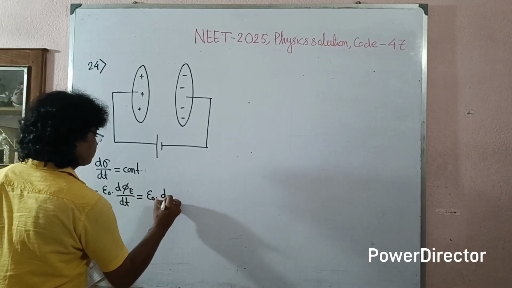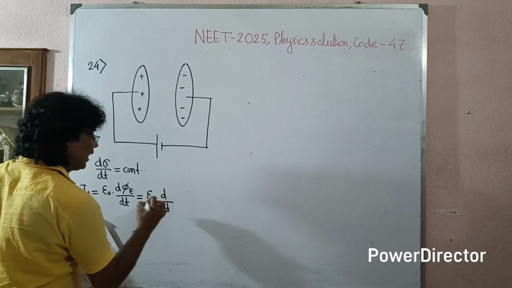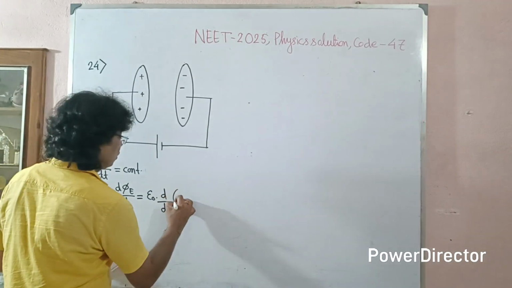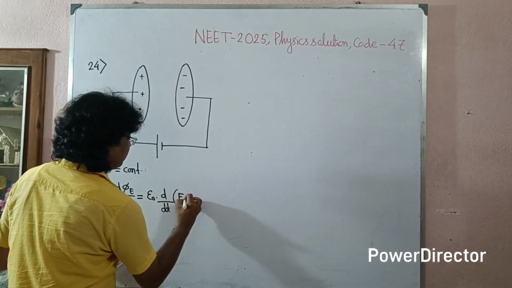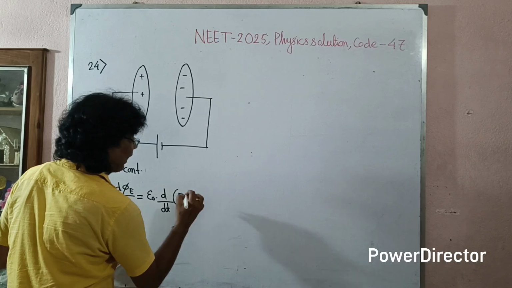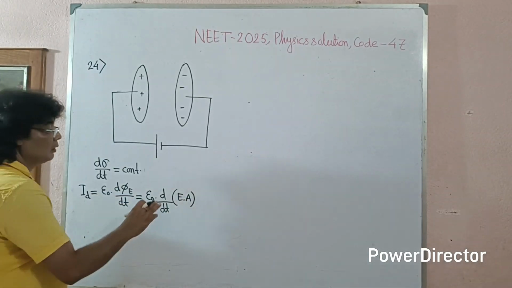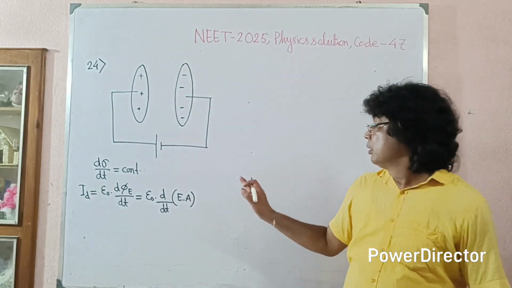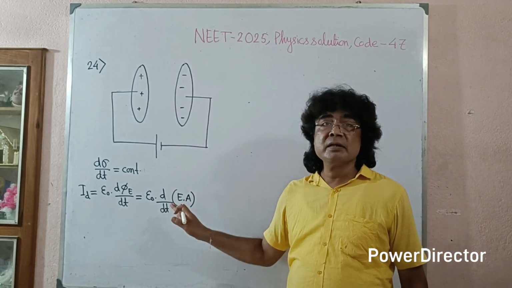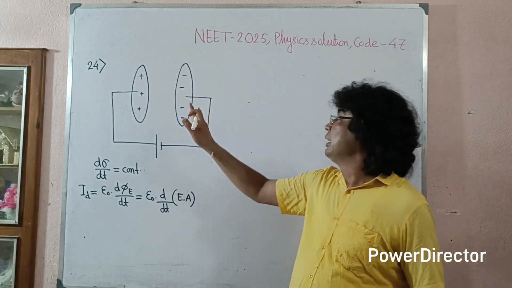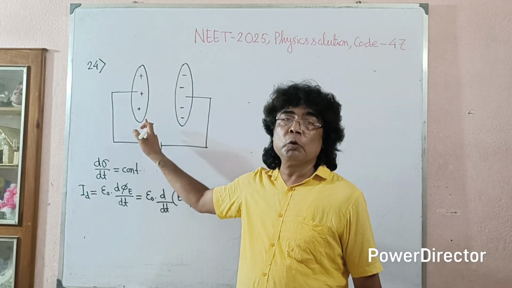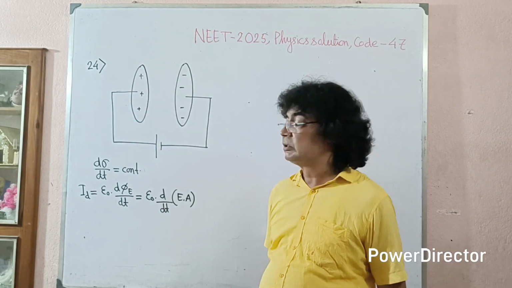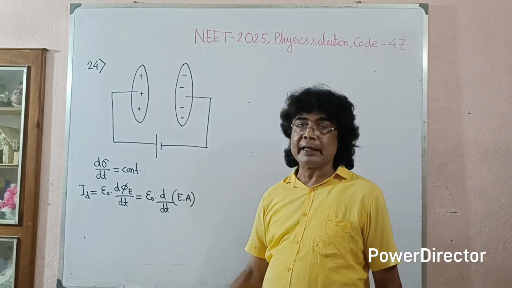Here electric flux equal to electric field into area. Electric field means the electric field between the two plates of the capacitor, and A is the area.